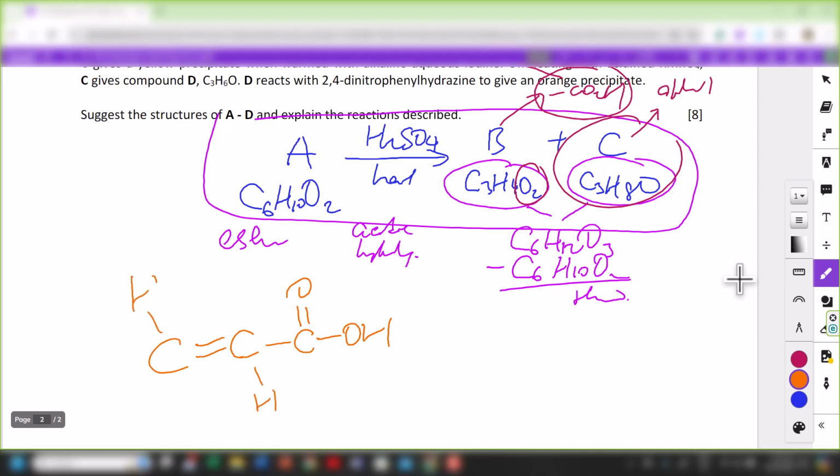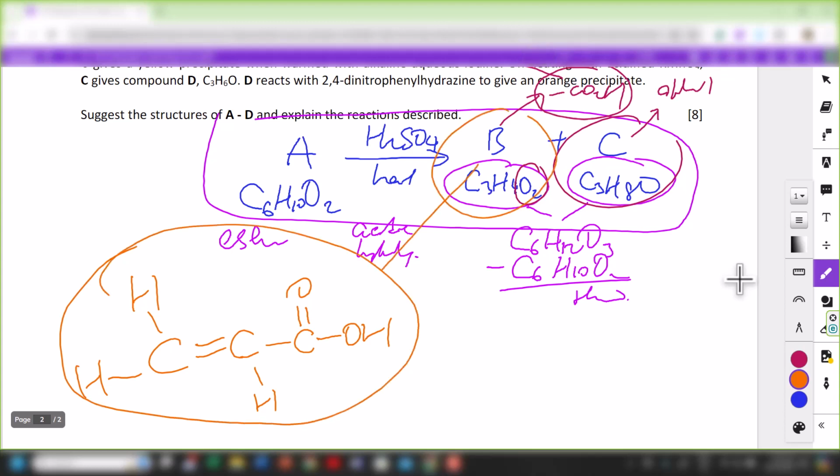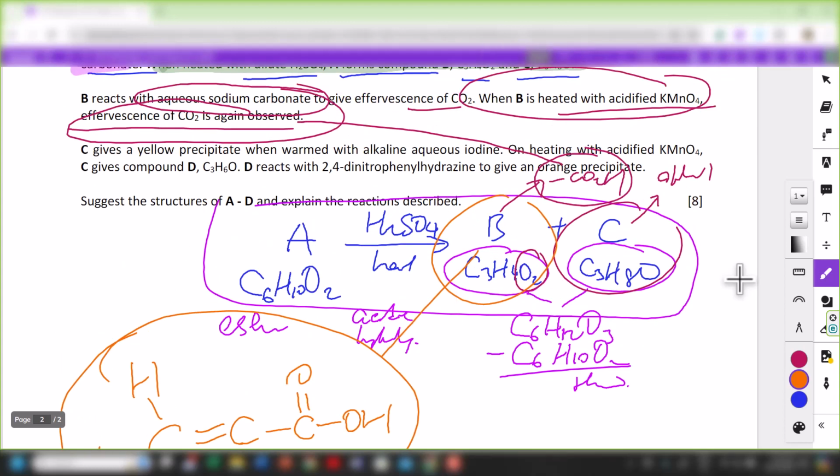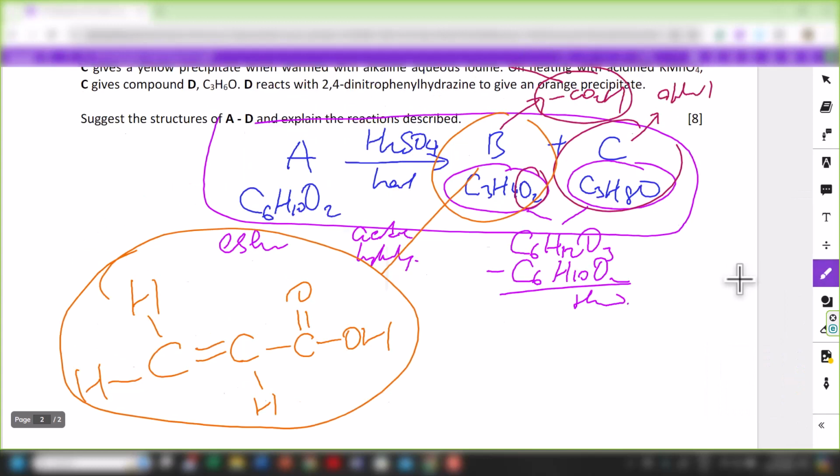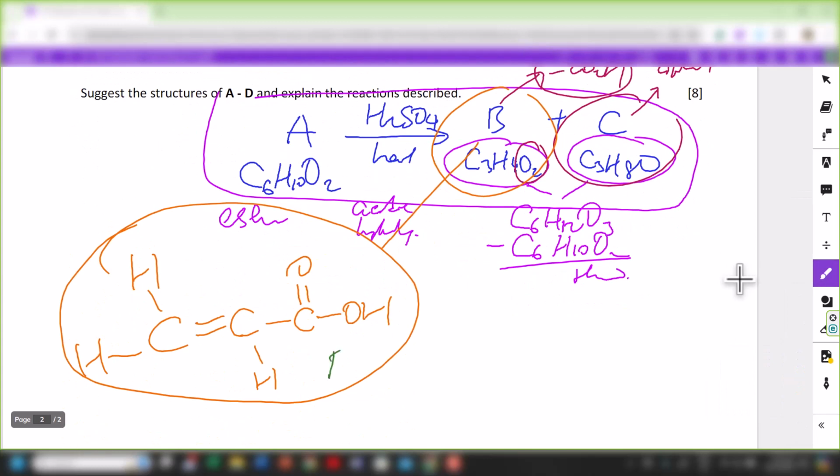So altogether 4 hydrogens, 3 carbons, 2 oxygens. This fits the molecular formula for B. Therefore I can conclude that my carboxylic acid B is the structure I have drawn in orange over here. Maybe I can indicate this is B.